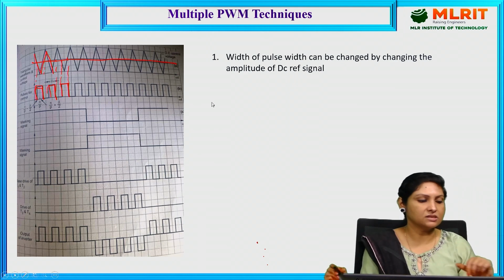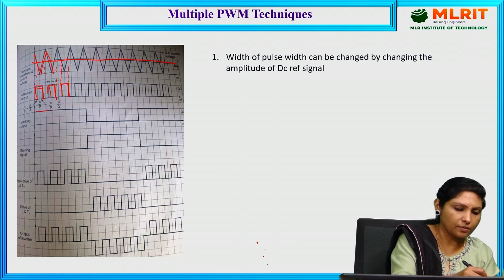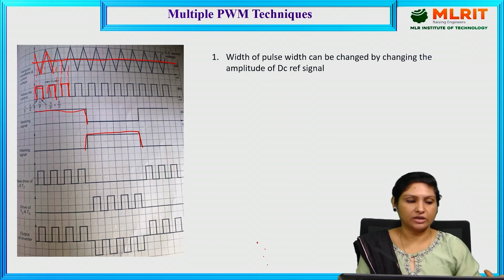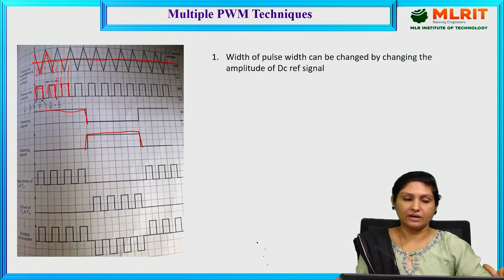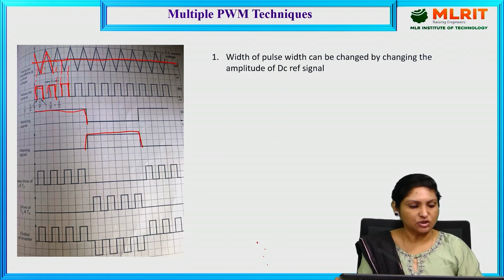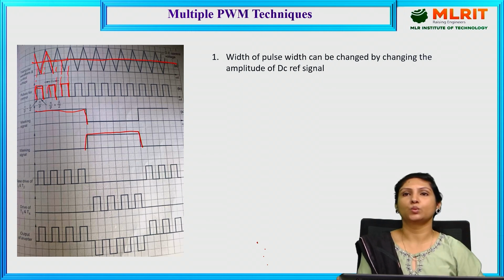And these pulses are ANDed with the masking signal. This is one of the masking signals and this is another masking signal. When these triggering pulses are generated after comparing the triangular and reference wave, these are the resultant pulses, and they are ANDed with the masking signal such that you get the base drive required by the transistors present in the inverter.